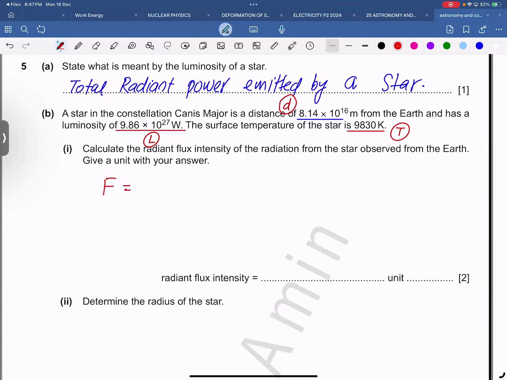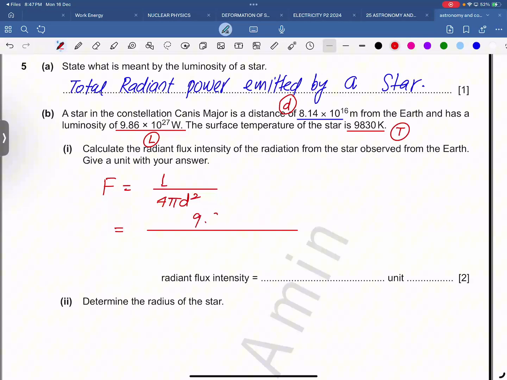F is equal to L over 4 pi D squared. Now see all the data values are 3 significant figures, so we'll keep three significant figures.